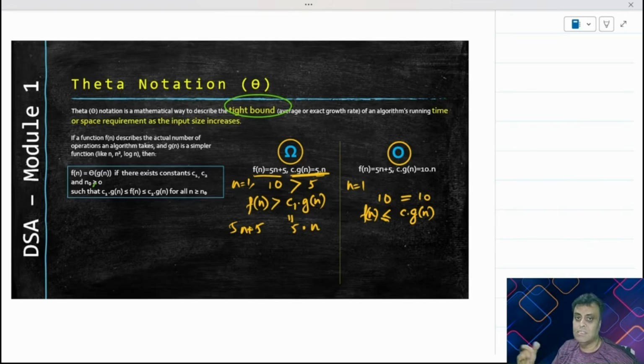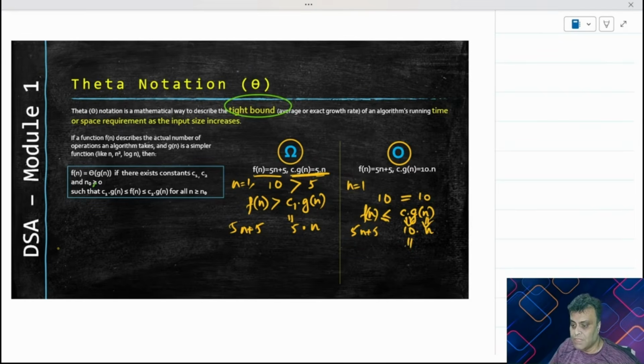In this case, Cgn is becoming equal to Fn. So it represents the upper bound. So what is Fn? Fn is 5n plus 5. What is Cgn? Cgn is 10n. In that, our 10 is basically our C, and this is basically our n.